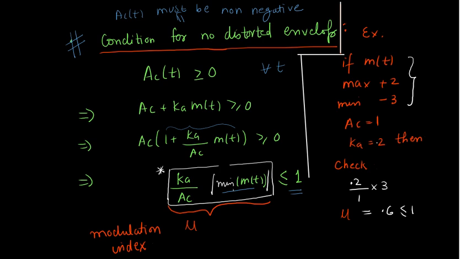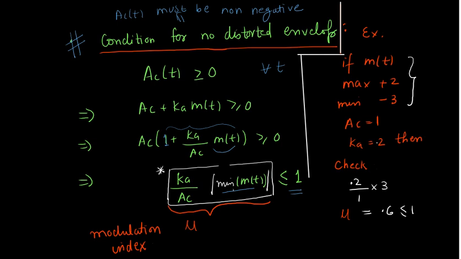It is quite obvious, right? Because if m(t) is always positive, then there is no problem, as this quantity will always be positive. So first we take the minimum of m(t), which may be negative for some values. We'll take a few examples and we'll see.